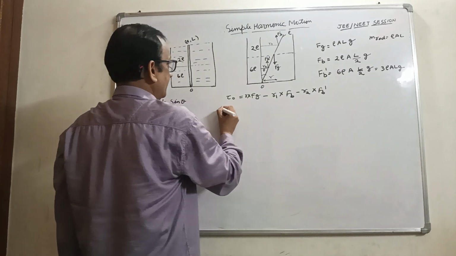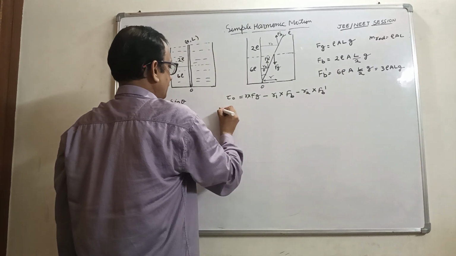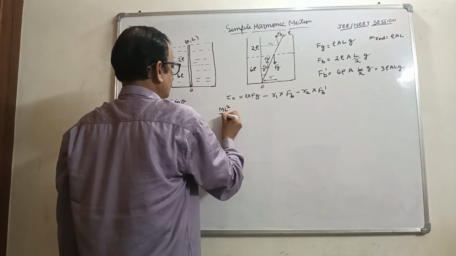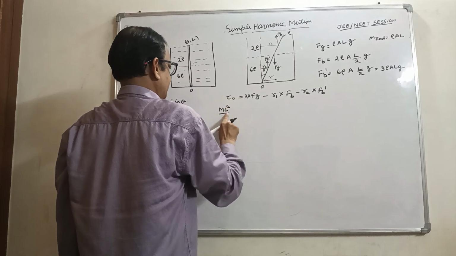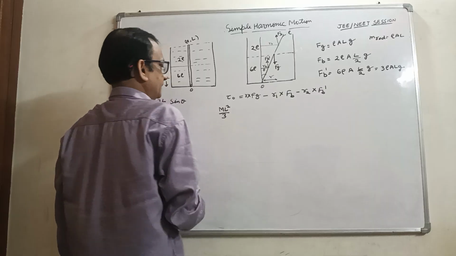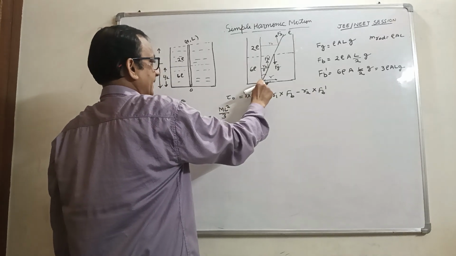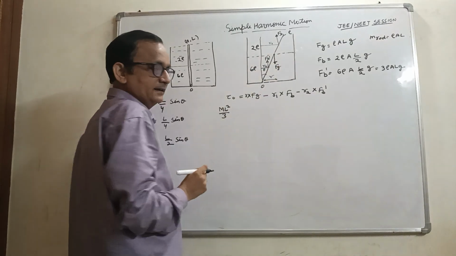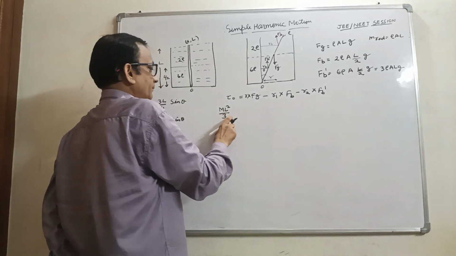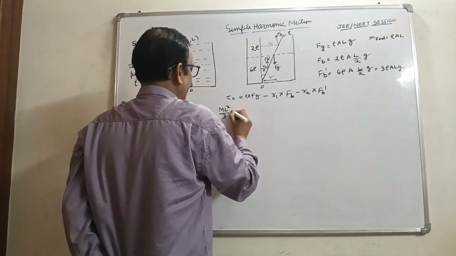Torque is equal to I alpha, where I is the moment of inertia of the rod about this end, which is ml square by 3. About the center it is ml square by 12.